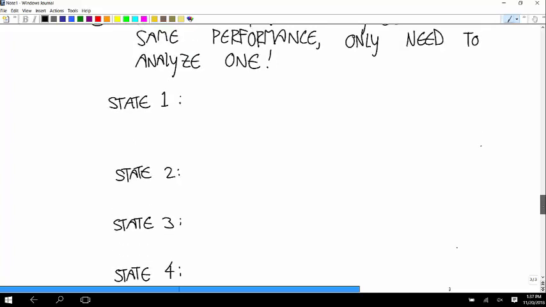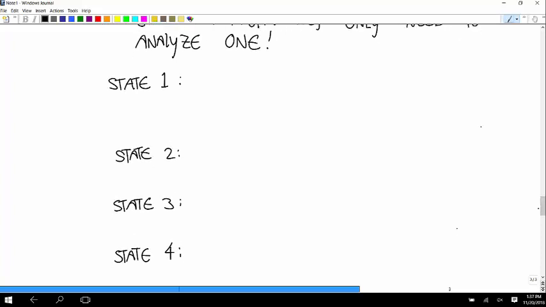And here's what it looks like. State 1 is going to be, so there's the piston and the cylinder.